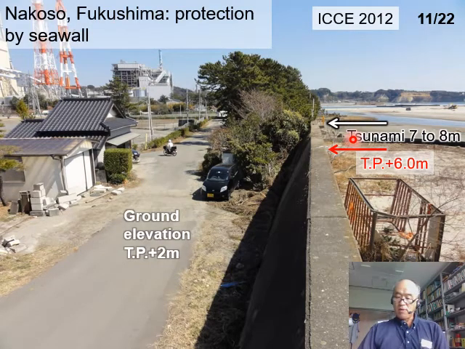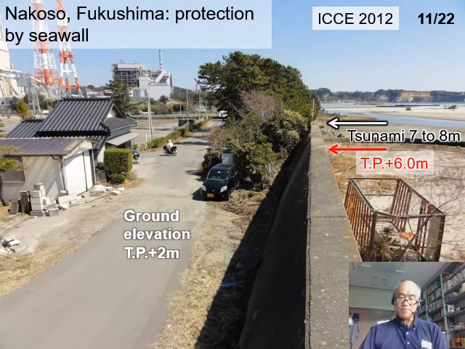The coastal area close to the seawall was inundated. However, the damage to the houses was very small. The clear contrast in the damage level indicates both the effectiveness and the limitation of the seawall.